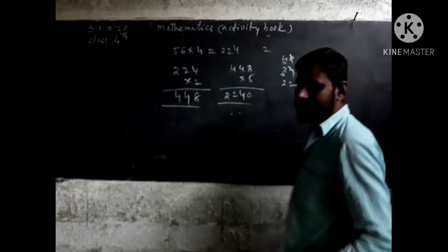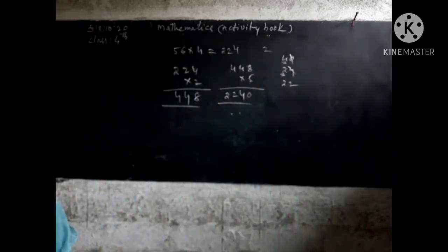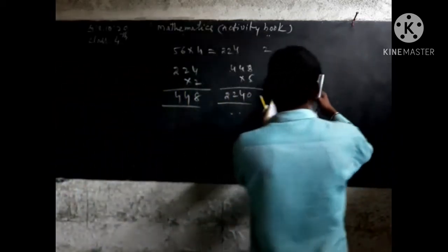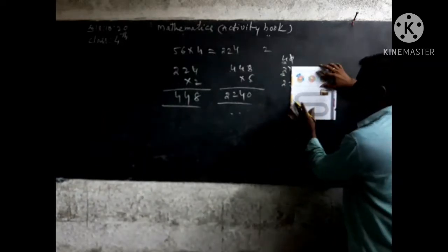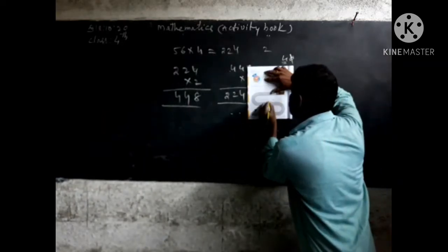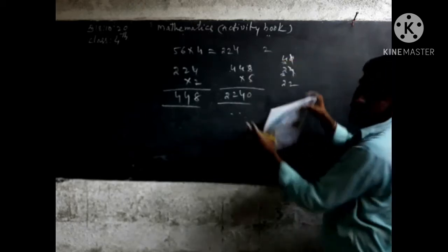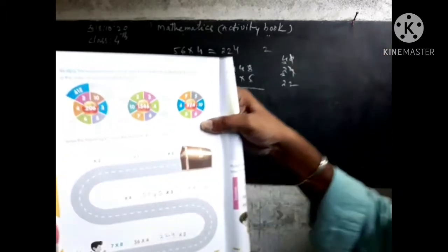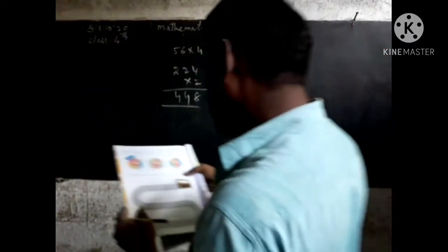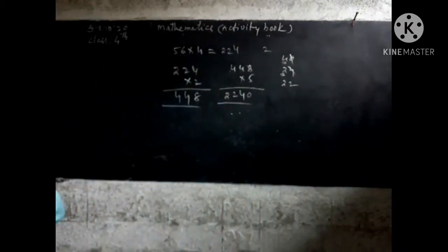So 2240. You can write here 2240. Again 2240 multiplied with 3.